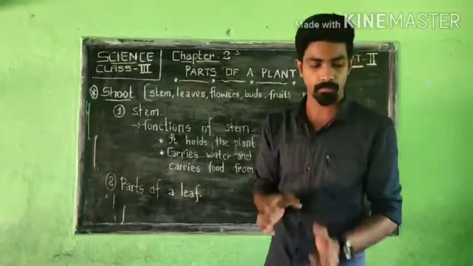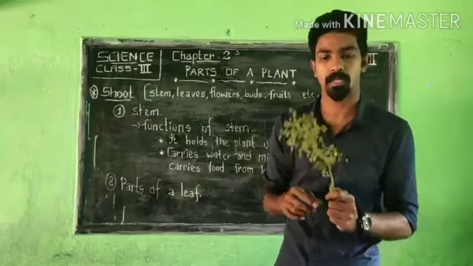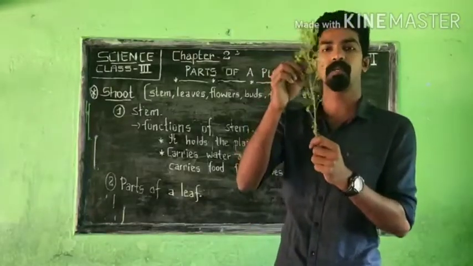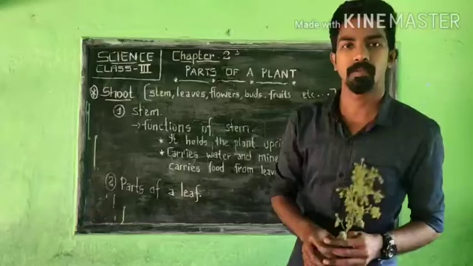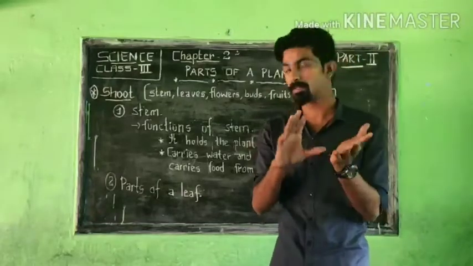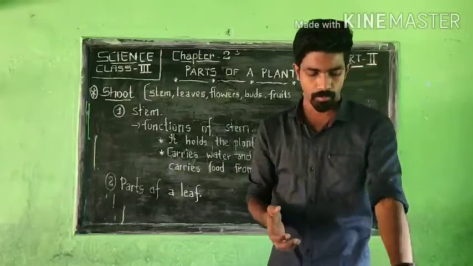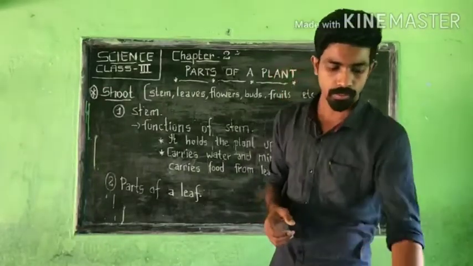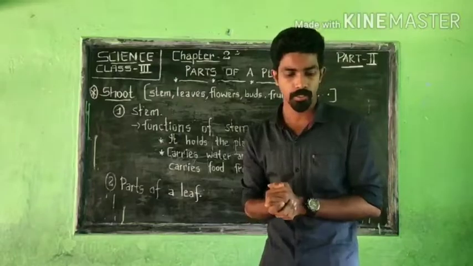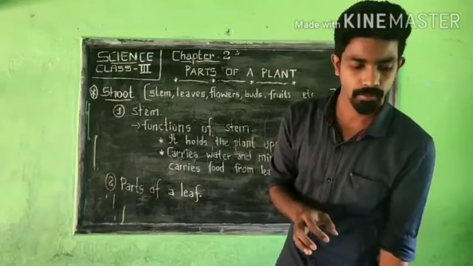First, the stem is the main part of the shoot system. Without the stem we cannot describe the other parts, so first we will start with the stem. Look at the textbook, page number 12. The stem grows above the ground and usually holds the plant upright.